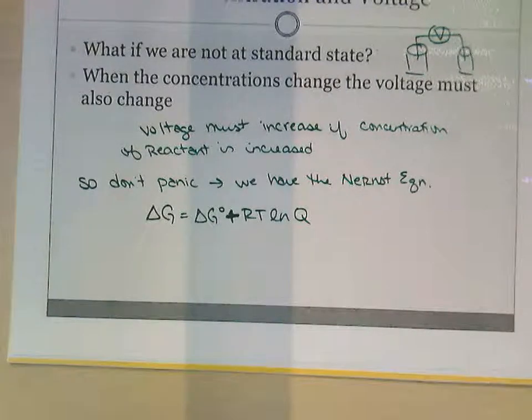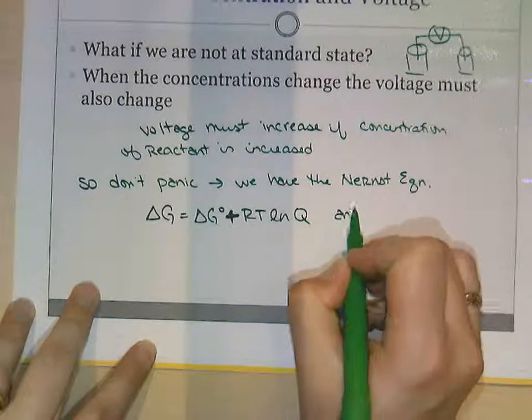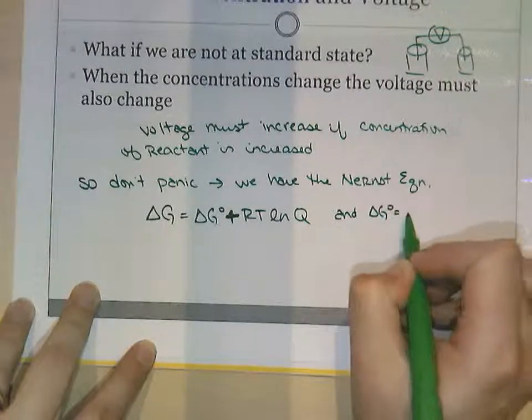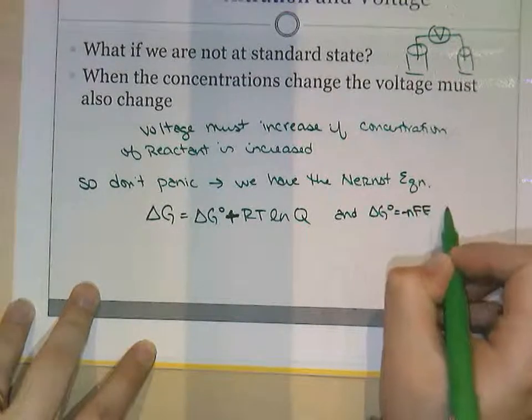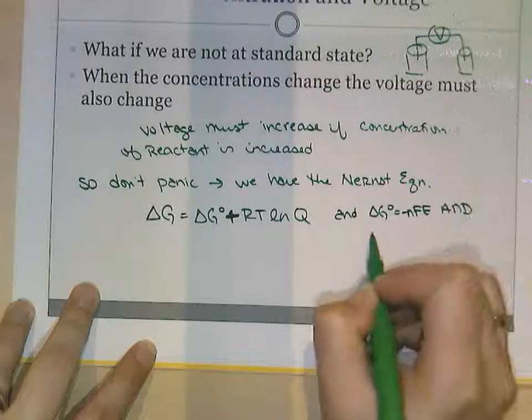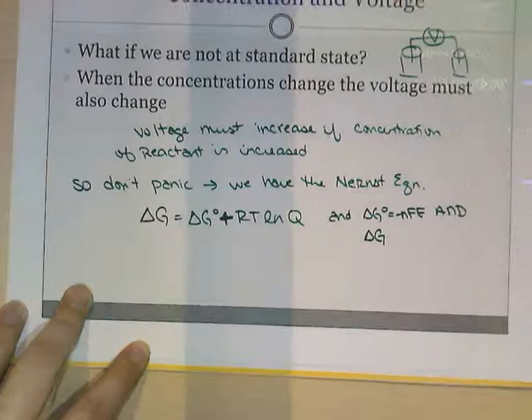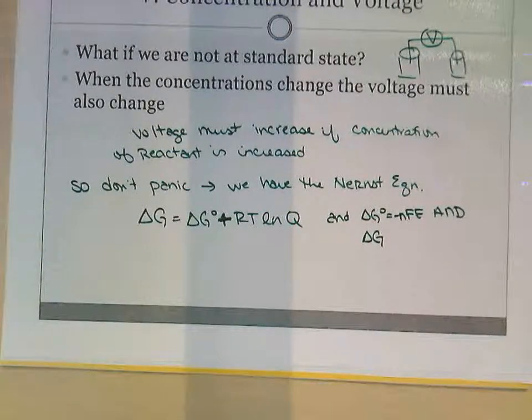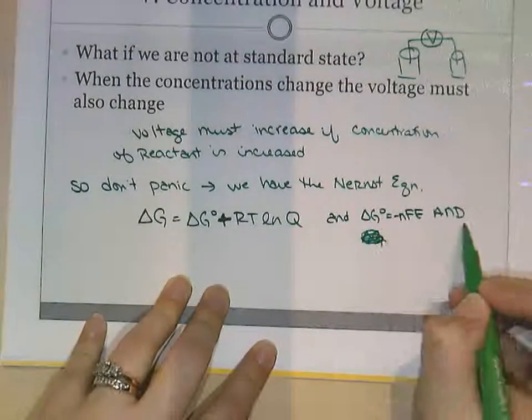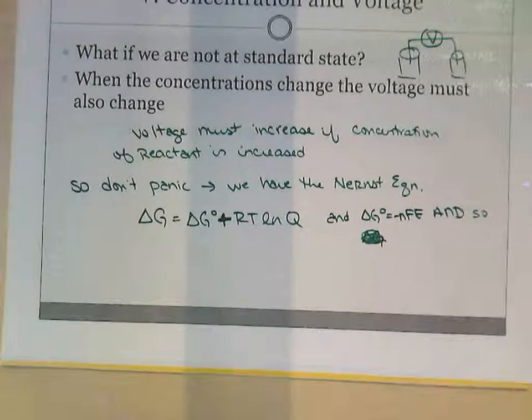But we also know it's standard state at 0 when it's at equilibrium, so right format. All right, so we know this is true. We have our delta G 0 standard state.